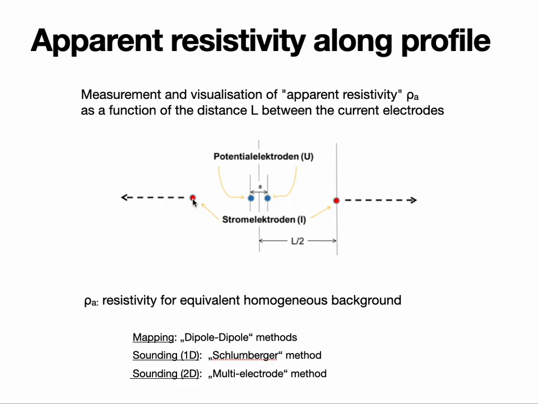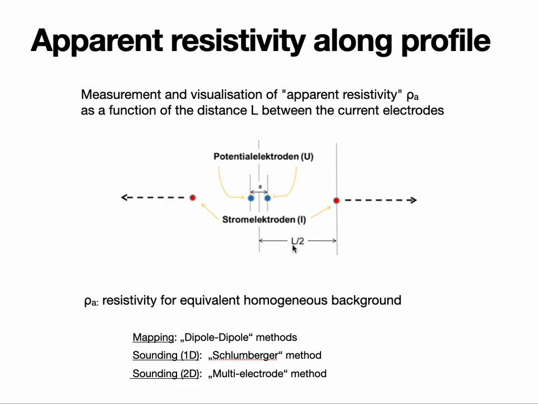You have the current electrodes here and the potential electrodes here in blue, and the distance A separates these two electrodes. The distance L separates these two electrodes. So L divided by 2 is from the middle of the experiment to the current electrode.